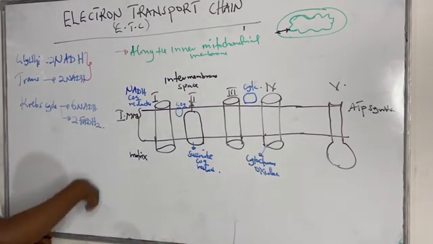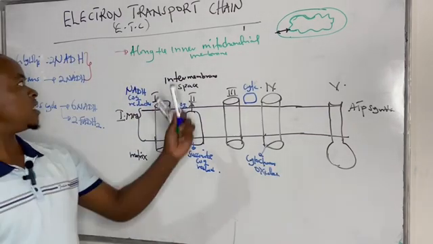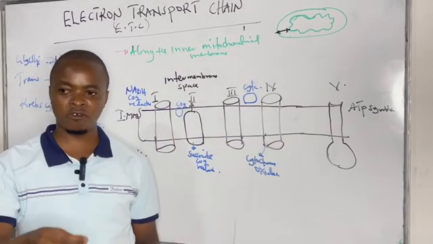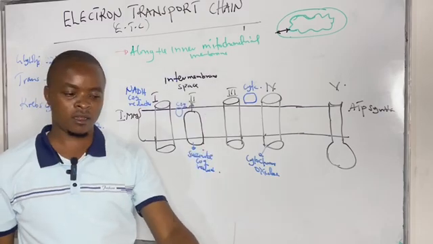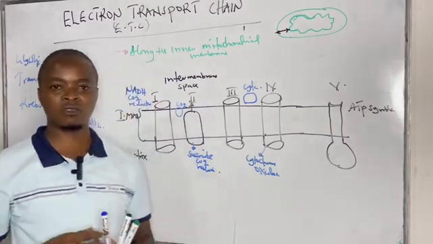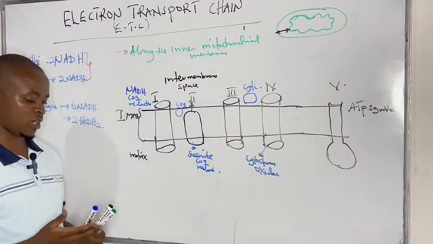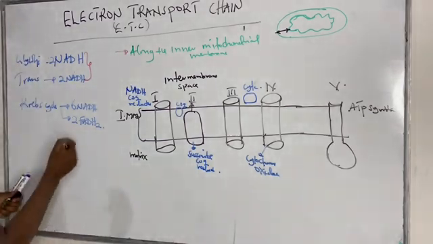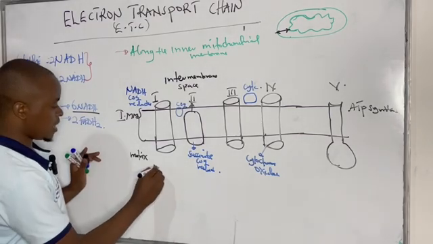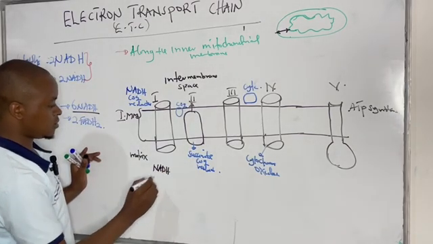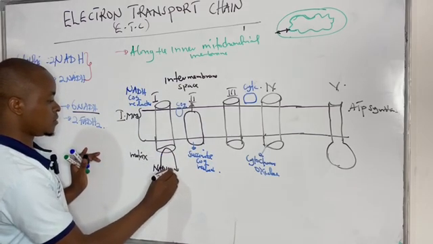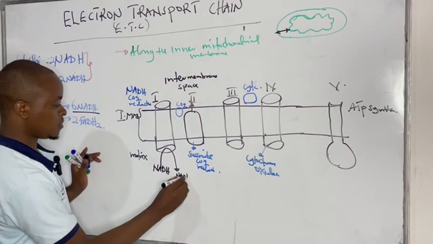As the name suggests, it is the electron transport chain, so we want to see how electrons move from one compound to the other. This reaction involves oxidation and reduction, what we call a redox reaction. NADH gives up its electrons to form NAD plus.